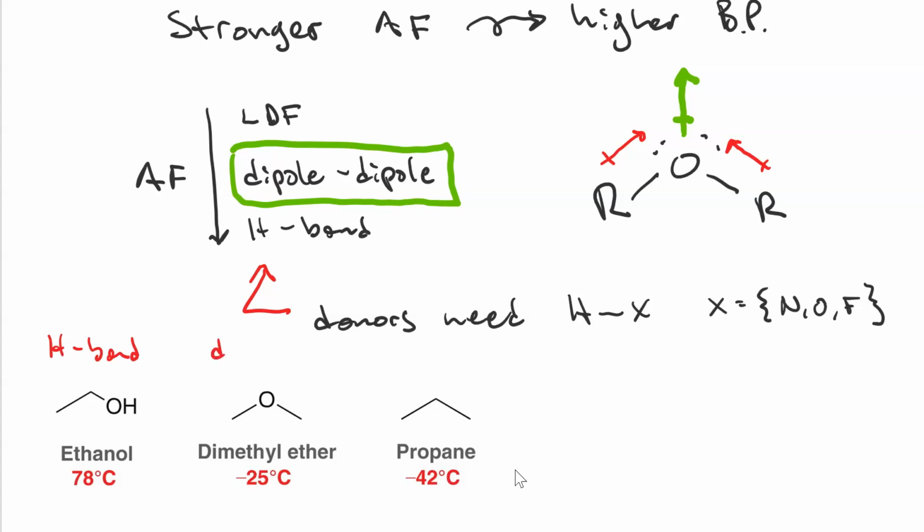Dimethyl ether has dipole-dipole as its dominant intermolecular force, and propane has LDF. We can see ethanol has the strongest intermolecular force and therefore the highest boiling point. Propane has the weakest intermolecular force and therefore the lowest boiling point. The ether has a higher boiling point than the propane because of those dipole-dipole forces, but it's not a huge amount higher.